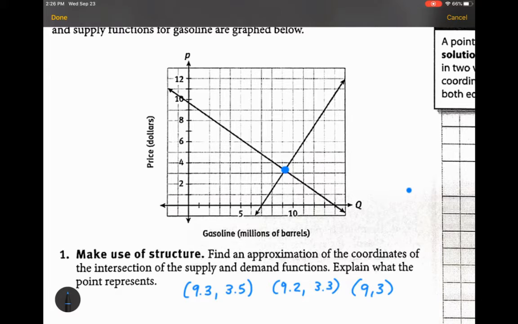I want you to think about what that point is representing in the context of the problem. All right, so what's the x value representing?